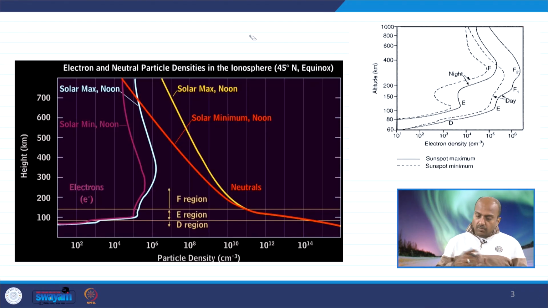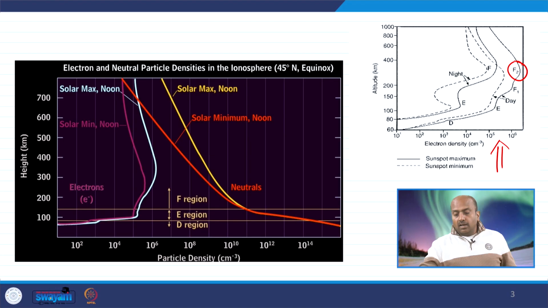If you go into more details, this is how the ionospheric structure looks. This figure shows the variability of the ionosphere with respect to height and with respect to solar maxima and minima. In both cases, the F2 region is the most dense plasma in the Earth's ionosphere, and the F2 region also happens to be sitting at a place where there is not much production happening, because the absorption curve is not telling you that this is where the maximum energy is absorbed.